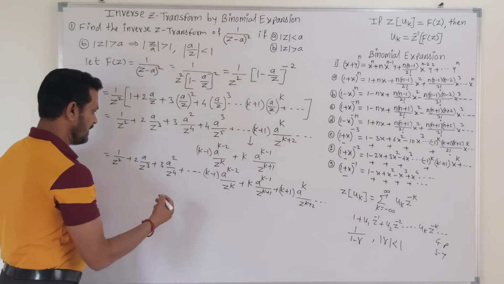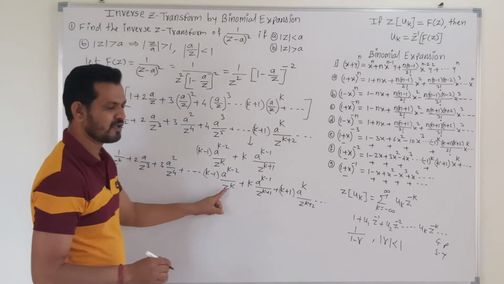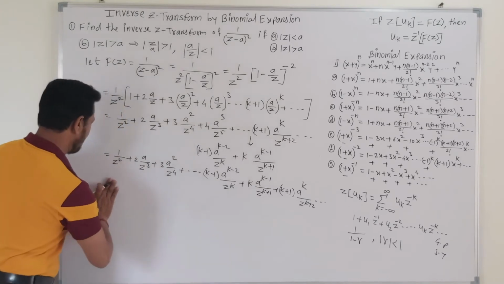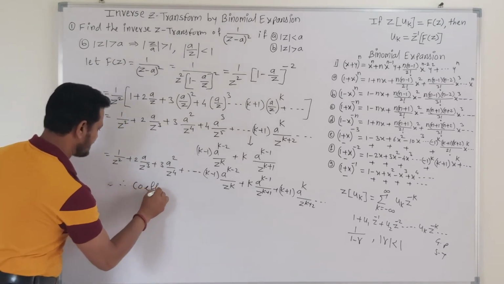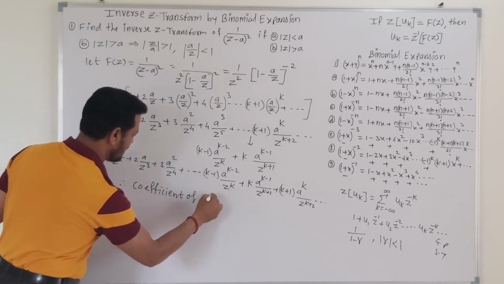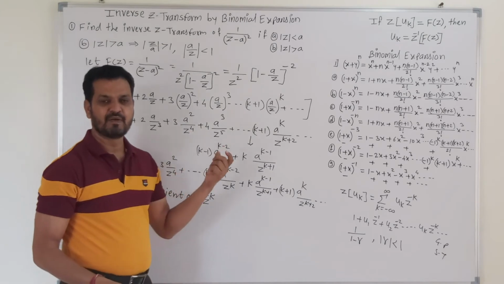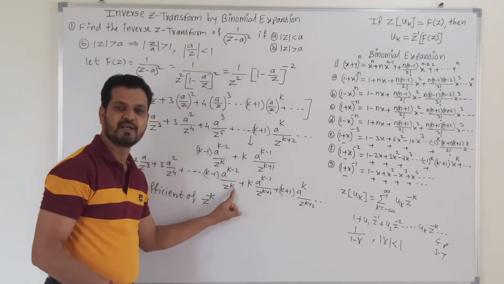Now friends, here again try to write the coefficient of z raised to minus k. So if we write the coefficient of z raised to minus k, then we get this as coefficient of z raised to minus k. In previous example we got the value of coefficient of z raised to k. Now here z raised to k is in the denominator.